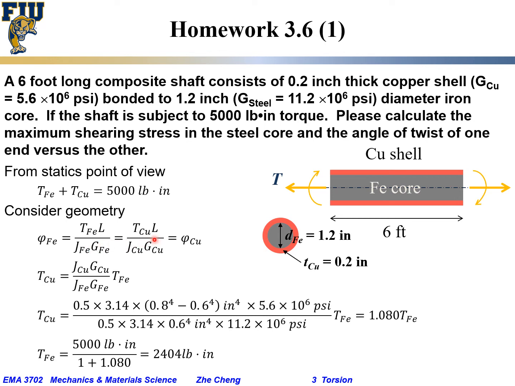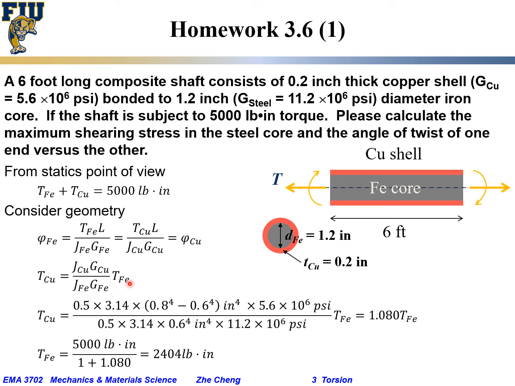And once we have this relationship, the lengths for copper and iron are the same, so they get cancelled out. As a result, T_Cu, the torque on the copper part, would be, you move the J and the G to the numerator on the other side, JG for Cu divided by JG for Fe times T_Fe.